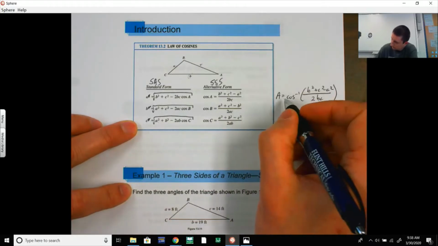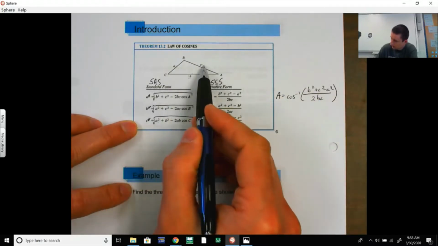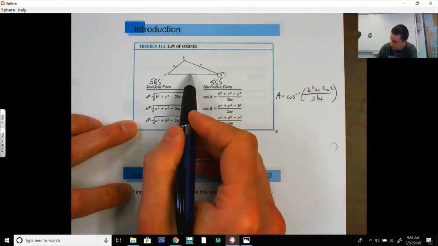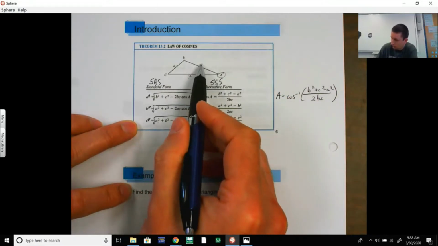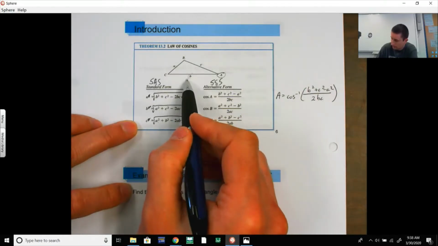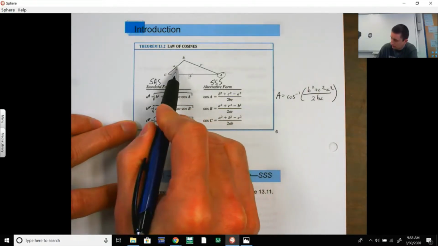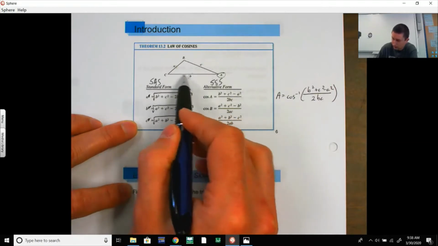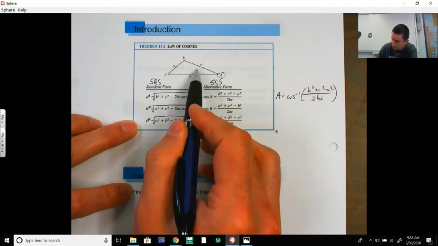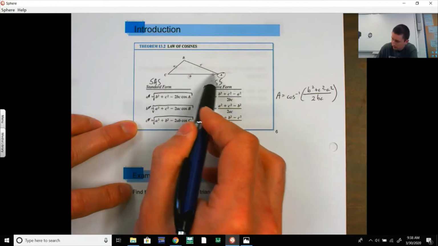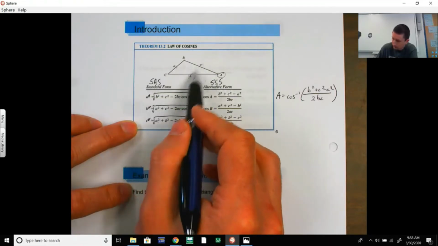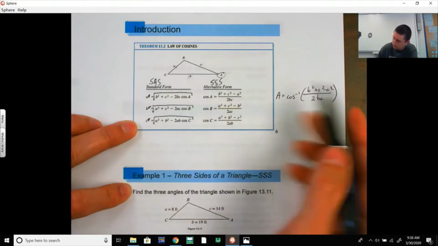So if you know A, B, and C, and you want to find this angle, you're going to take b squared plus c squared, the two sides adjacent to the angle, the two sides making the angle, minus the side that is opposite the angle, divided by 2 times bc, the ones that form it.